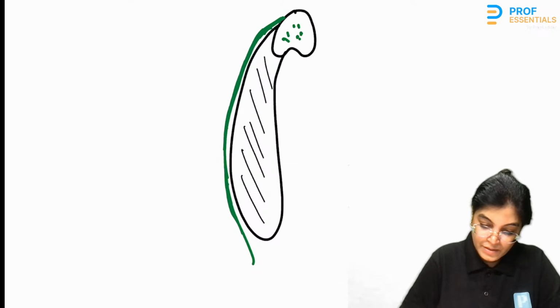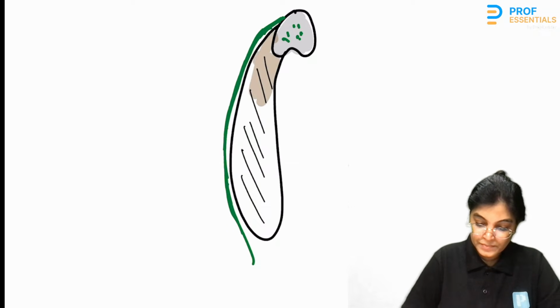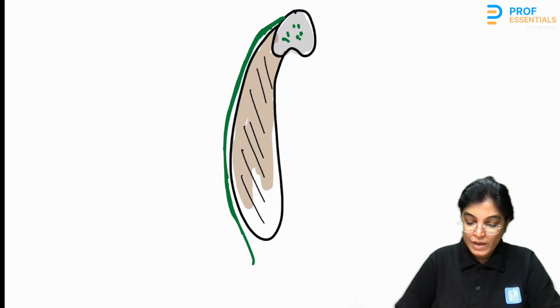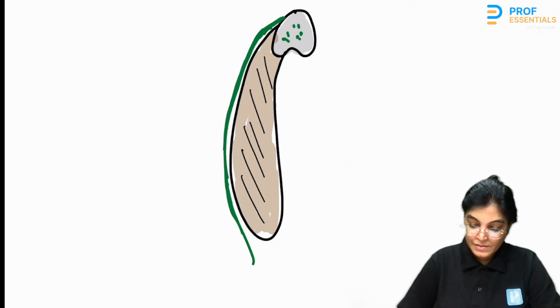Okay. So we will just shade the clavicle with gray color, and this is the pectoralis major muscle. This is the pectoral fascia.